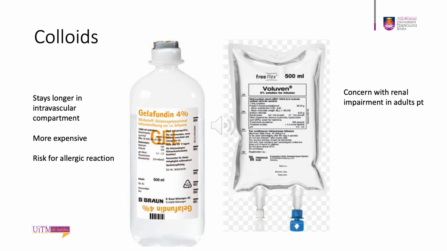Some examples are gelafundin or Voluven. The main differences between crystalloid and colloid are: number 1, crystalloids are easily available and much cheaper. Number 2, colloids stay 4 times longer in the intravascular compartment as compared to crystalloid. And number 3, colloid has risk for allergic reaction.